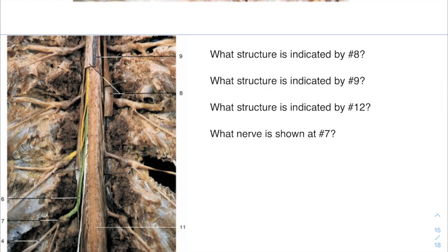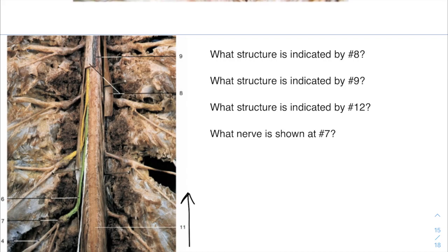So what we're looking at, this perspective, we're directly looking at this from the backside. So this is deep to all the back muscles and deep to the vertebral column, and now we see the spinal column. So please don't confuse the two. The vertebral column is made by the vertebrae, and the spinal column is made by the nerves.